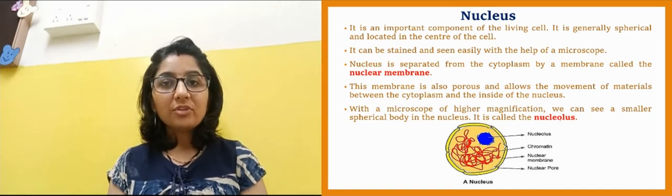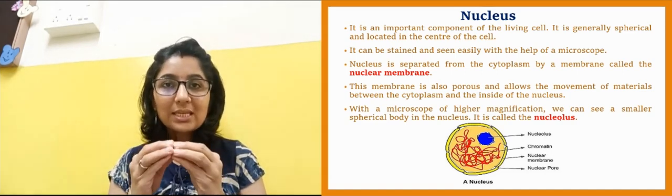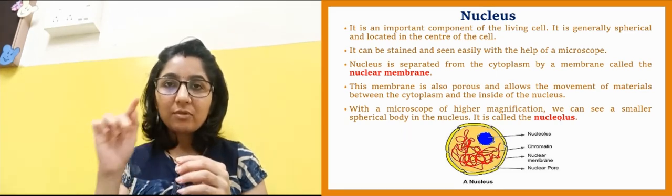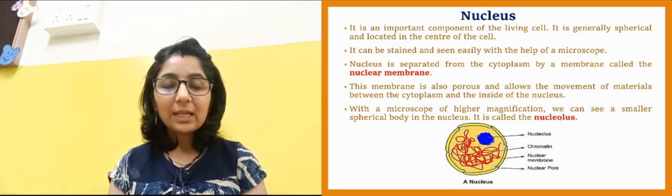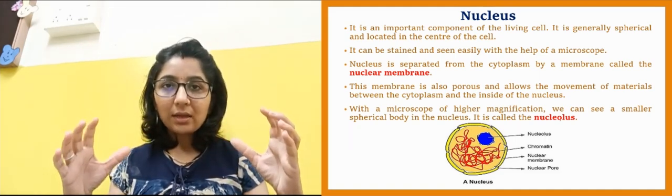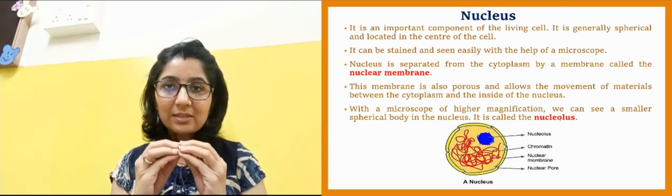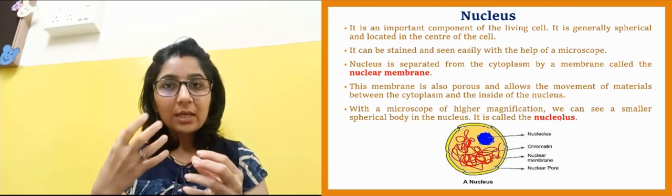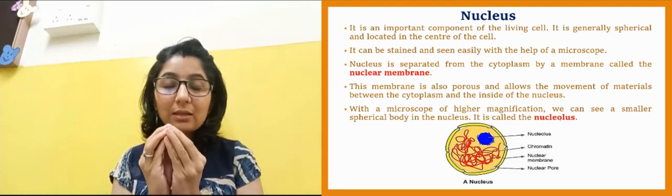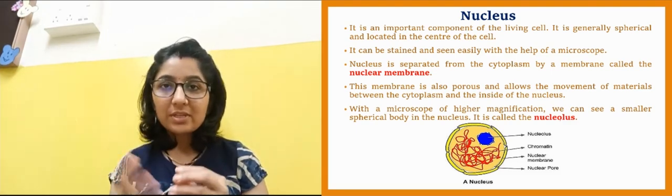So if we see the nucleus, that is separated from the cytoplasm with the help of a nuclear membrane, like we have seen the plasma membrane, and then the cytoplasm, and inside there is the nucleus. So there are again some components inside the nucleus, so we have to separate that component from the rest of the cytoplasm.